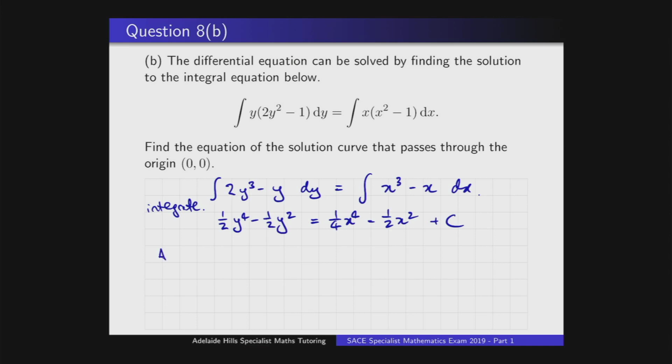So at x equals 0, y equals 0, substituting that in, we get a half 0 to the 4 minus a half 0 squared is equal to a quarter 0 to the 4 minus a half 0 squared plus c. Long story short, c goes to 0 because everything else there is 0 anyway. So c equals 0, and that means our solution is going to just be those first two terms.